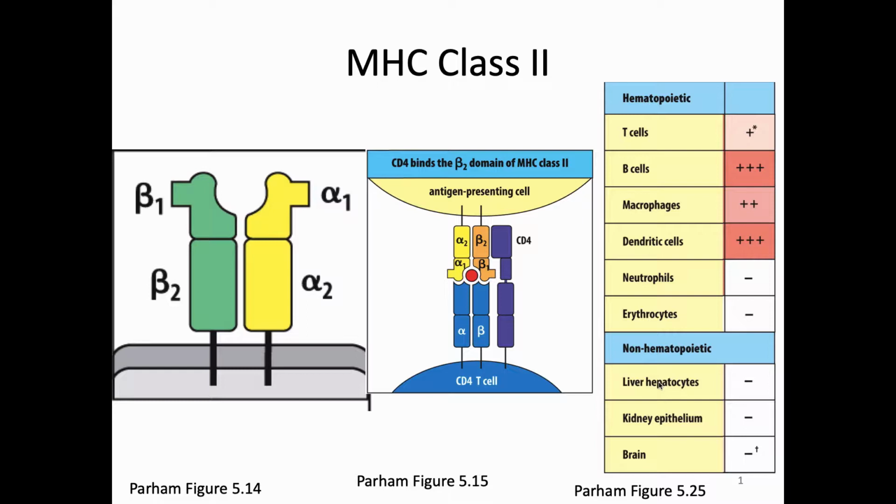We then talked about binding, which was facilitated by the chaperone tapasin. And we saw the process of display, which was constitutive in the biosynthetic secretory pathway. So this was Friday. Today we're going to go through the same process for MHC Class II.